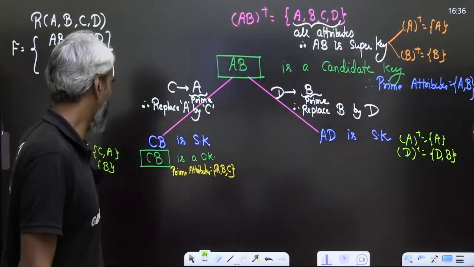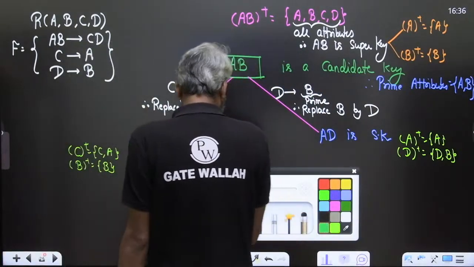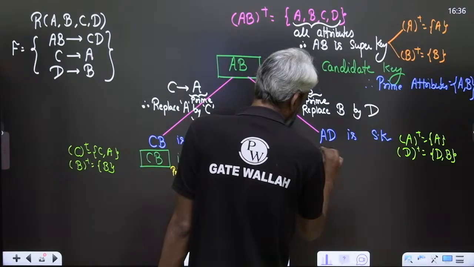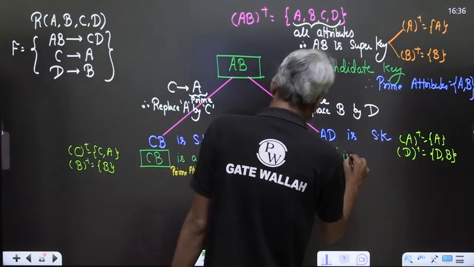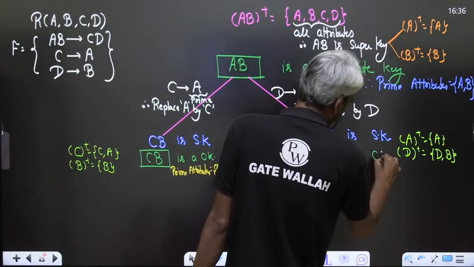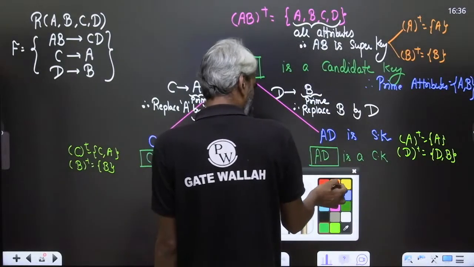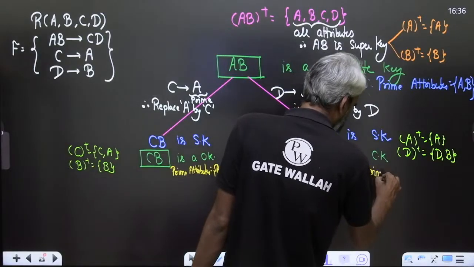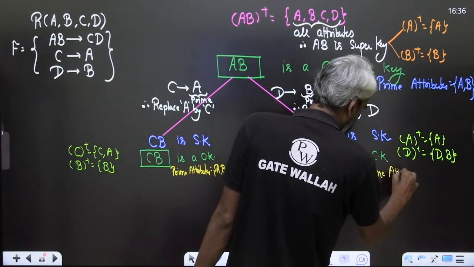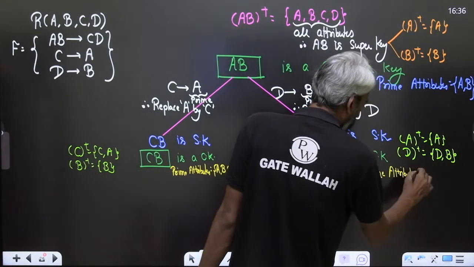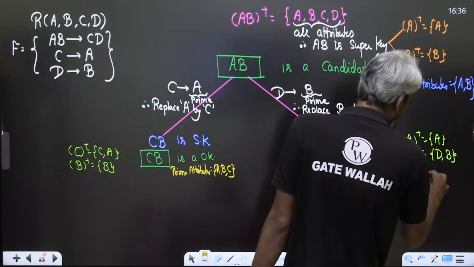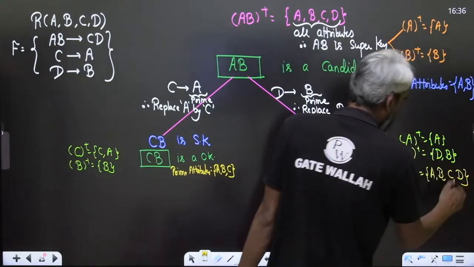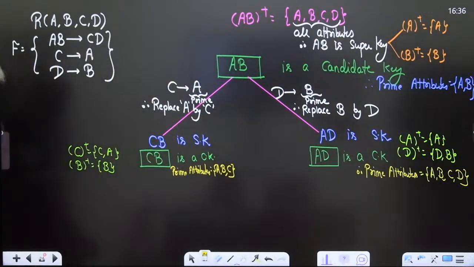None of them contains all the attributes. Therefore, AD is a candidate key. Therefore, A, B, and C are already prime attributes, and D has now become a new prime attribute. So A, B, C, D all are prime attributes.